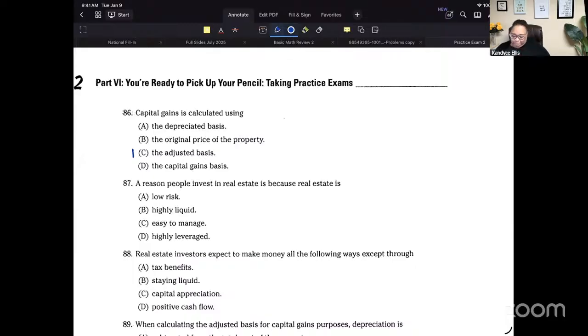Just saying. But yes, our answer is adjusted basis. C for chaos, which is what I am full of, in the sweetest way. Because to find capital gains, you take the adjusted basis.